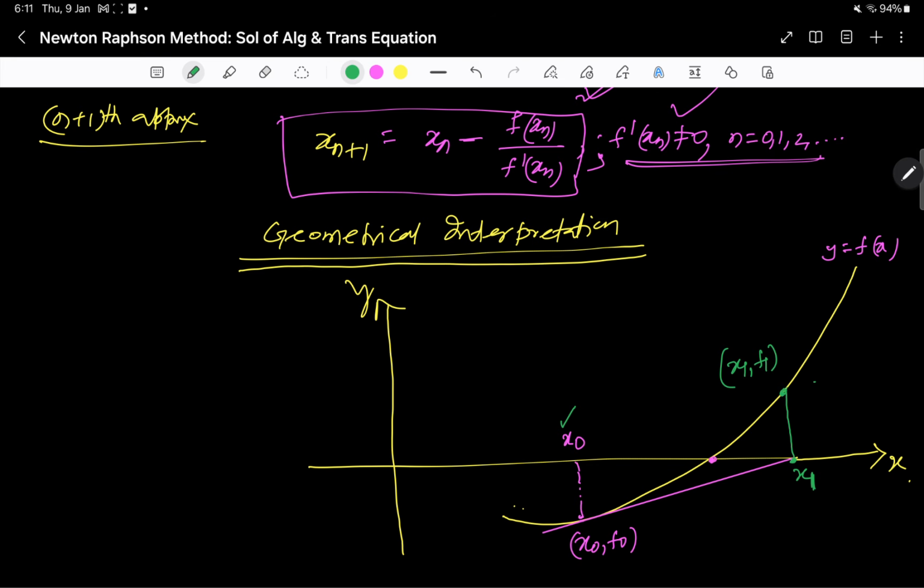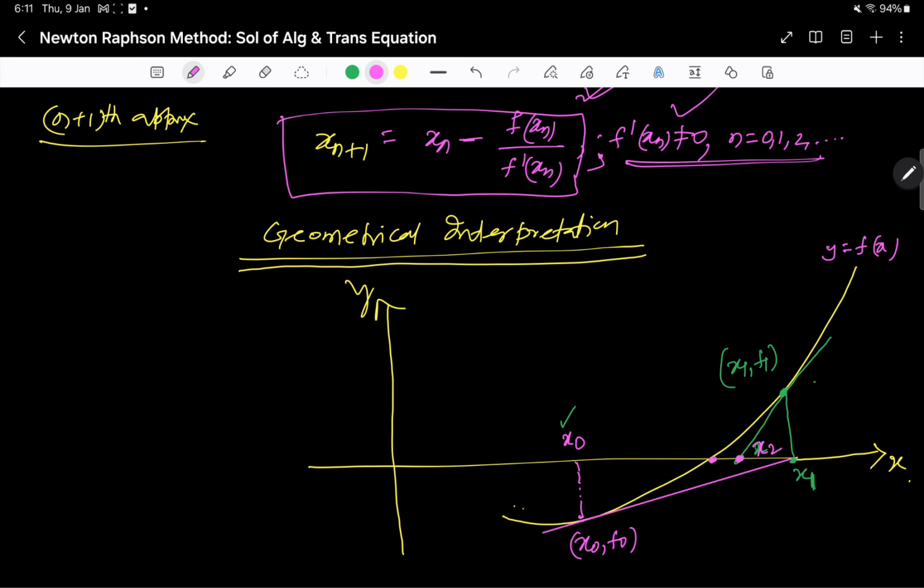So now at this point again I draw a tangent, right? Now this crosses the x-axis here, say at x2.